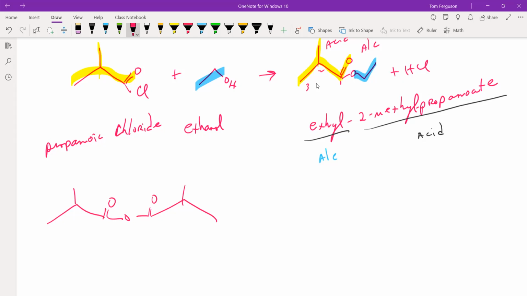Well, actually, this would be 2-methyl. I forgot about the branch. Okay, 2-methyl propanoic chloride.